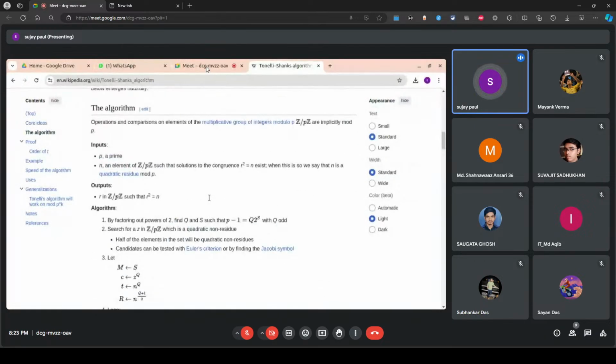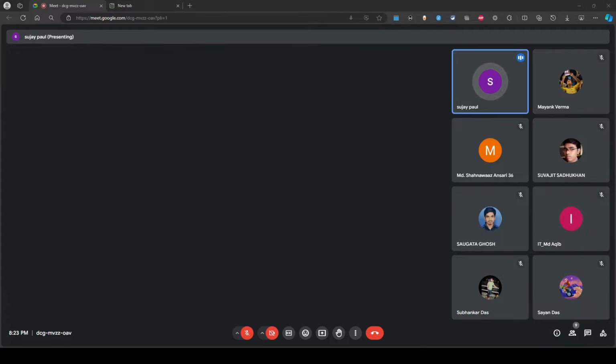Now I will come directly to the algorithm part. You already know that p should be a prime number of the form 4k plus 1. For the algorithm, step 1, I have to find the q and s values.